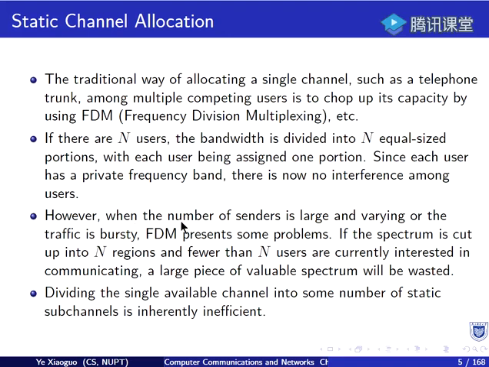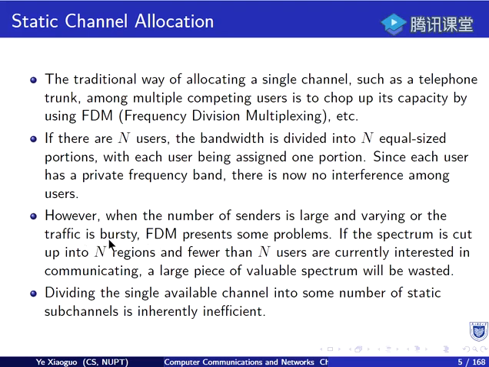So when the number of senders is large and varied, if there are n users, I think not all of the users are sending. Some of them probably have no data to send at some moment. So the number of senders is large and varying, or the traffic is bursty.